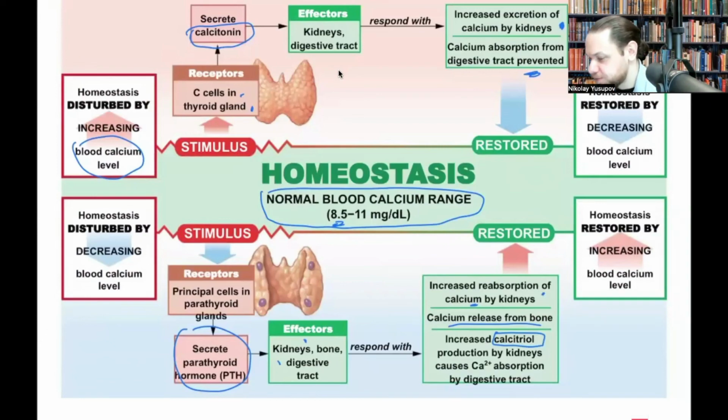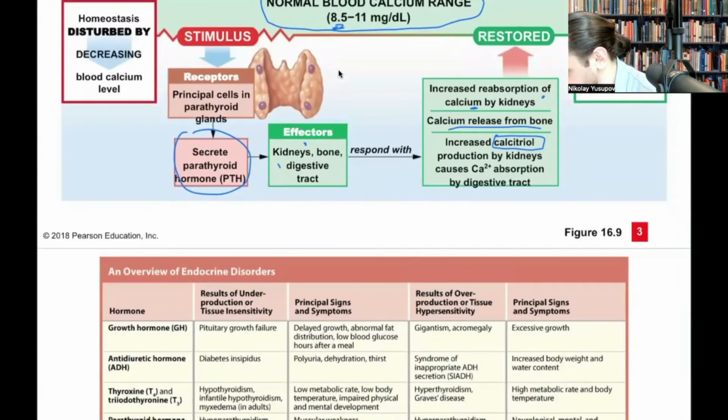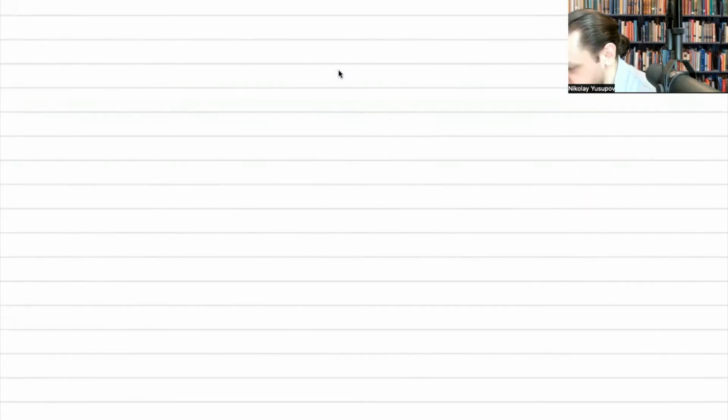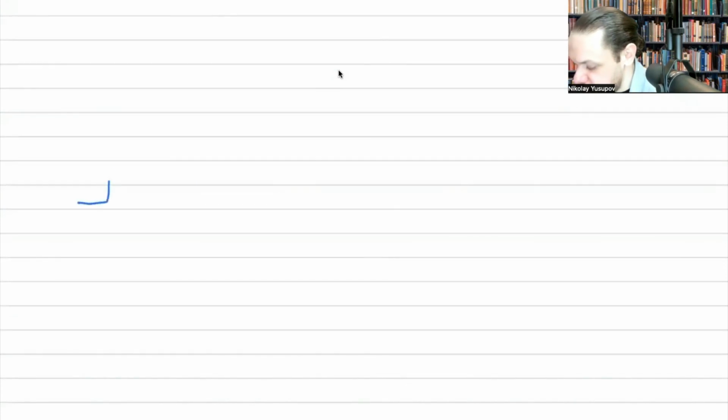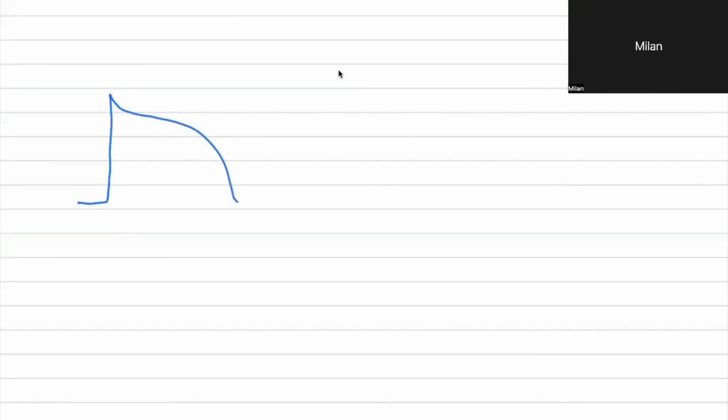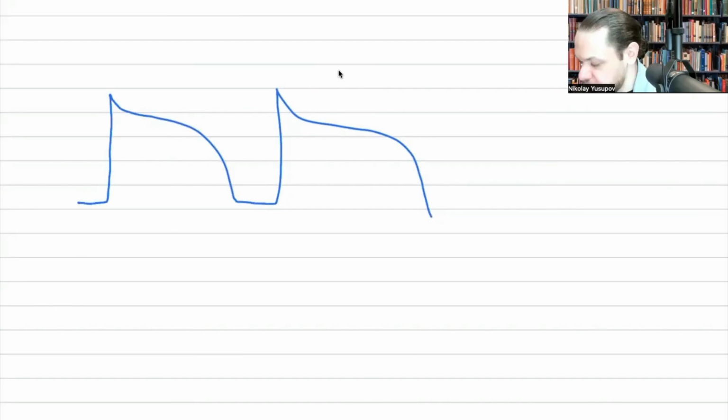And remember, let me see if I can. You guys remember I was drawing you this diagram of the action potential. If you remember, this was phase 4, this was phase 0, this is phase 1, 2, and then 3.